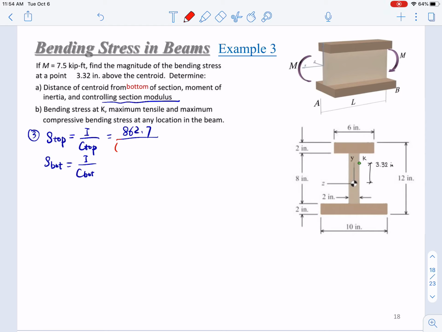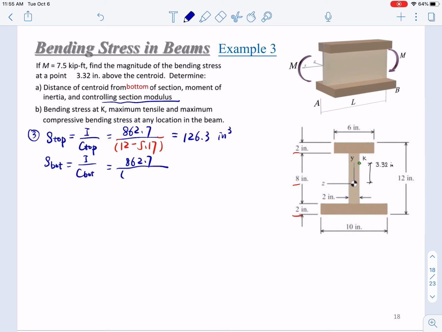C top is just the overall thickness, that is 2 plus 8 plus 2, that is 12, minus y bar, that is 5.17. This will be 126.3 inch cubed.